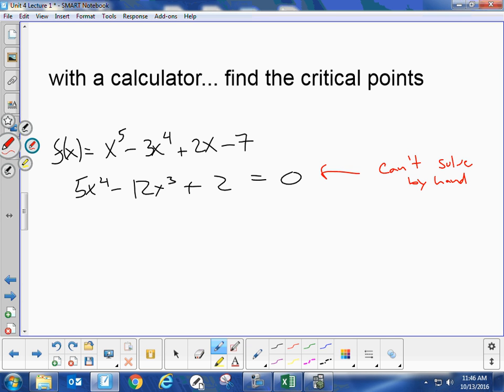Most equations in this world are not solvable by hand. Won't have nice answers. Okay, we need some computational means to help us. We need some numerical process to help us. We need a calculator to help us solve this.